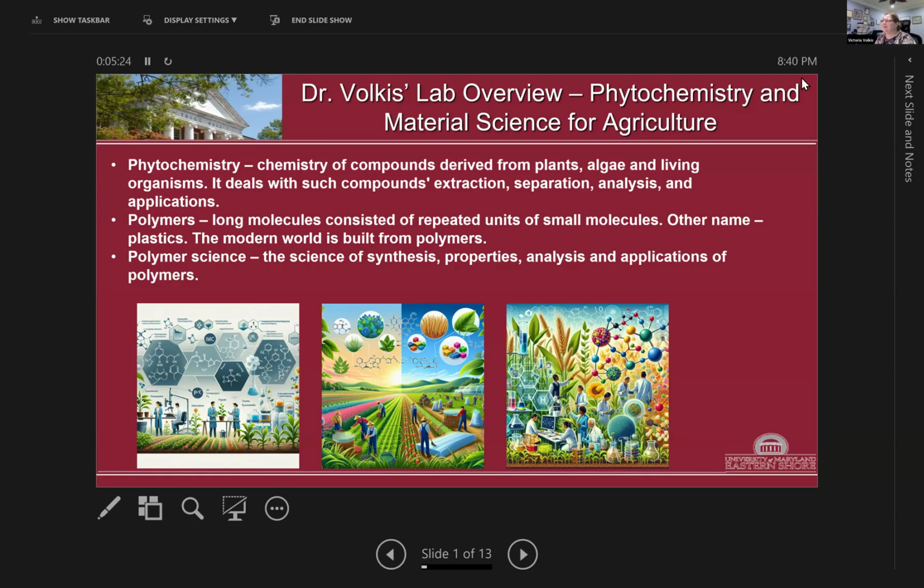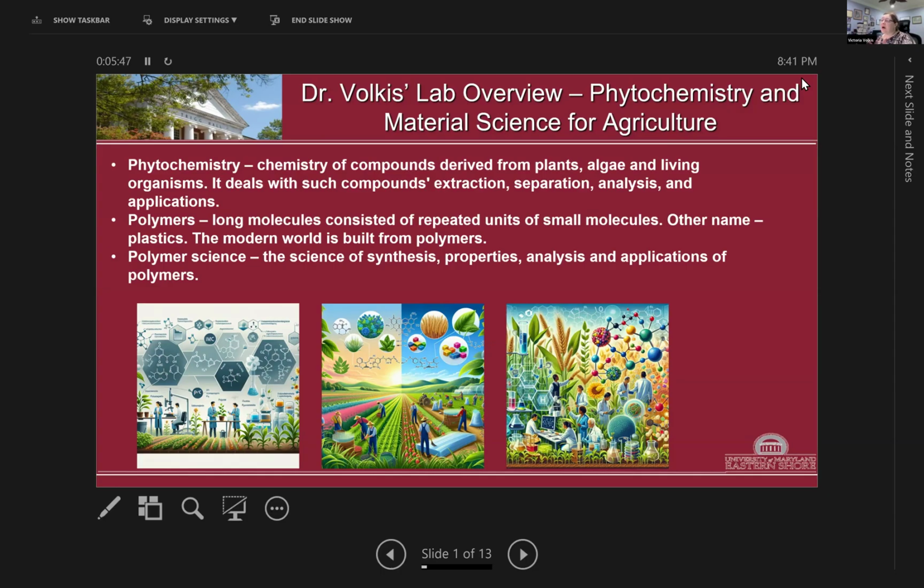Does it look like a plastic? Not really. It is actually a biopolymer, and there are a lot of such polymers which are polymers, but they do not look like plastic. So anything that is a long molecule that has identical fragments repeating in a structure will be called a polymer.